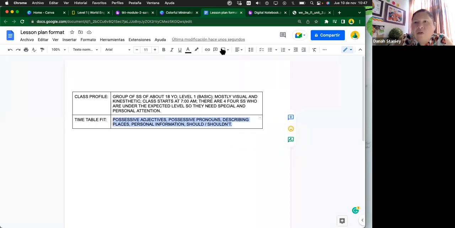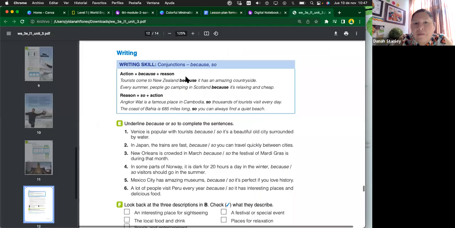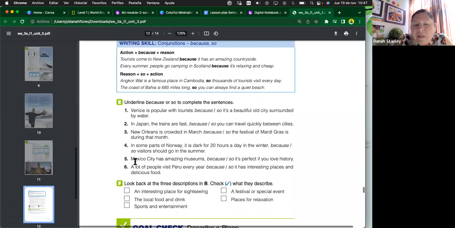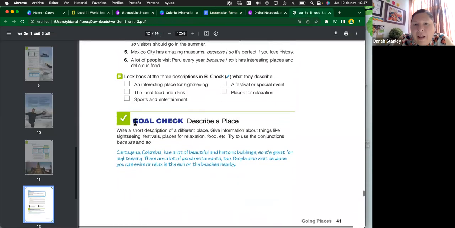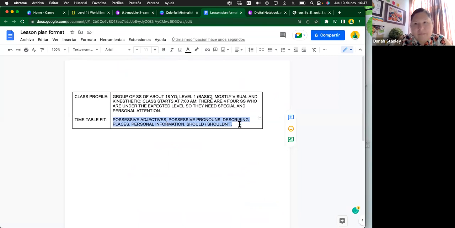So they are going to be able to achieve this final product, because they are going to give information, you should, you shouldn't, etc., etc. ¿Ok? Entonces, eso es lo que saben.